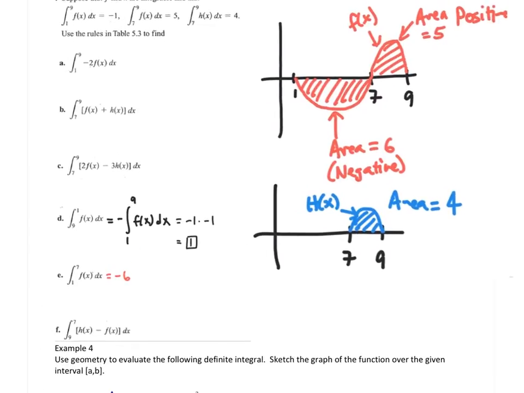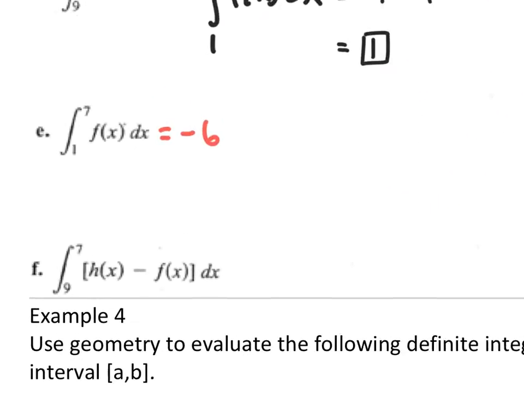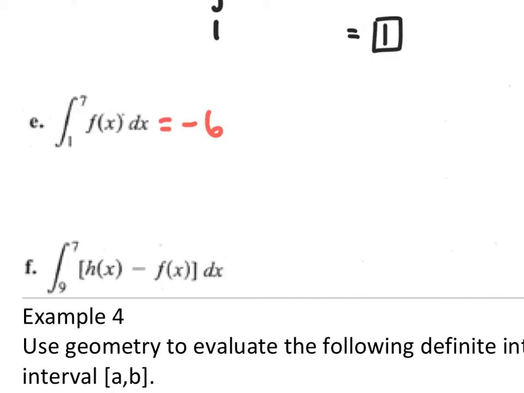So what I want to do is manipulate this a little bit. First, we need to change our bounds of integration. We need to put them back to 7 to 9. But in order to do that, we have to make the entire thing negative. So negative integral from 7 to 9 of h of x minus f of x dx.